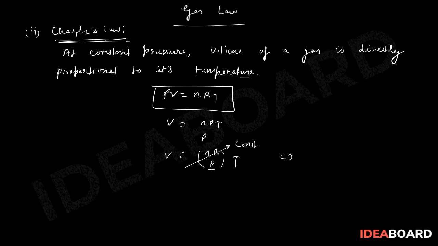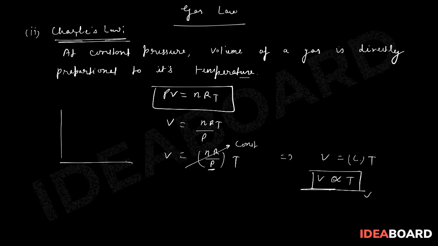That means we can say that V is equal to constant into T, and if this is a constant, then we can remove the constant and we can show the proportionality. So V is proportional to T. That's what Charles said. At constant pressure, volume of a gas is directly proportional to its temperature, which we are obtaining here. Okay, so we can also draw the graph for that.